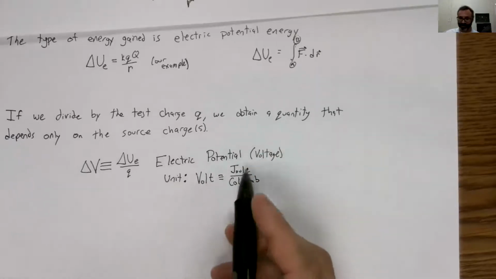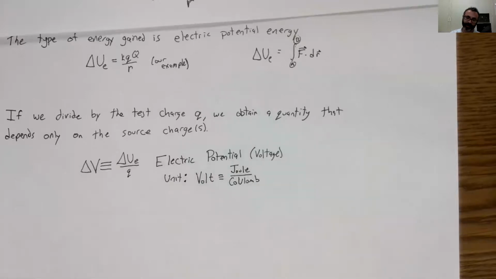So a volt is just a joule per coulomb. Or a Newton meter per coulomb. There's a few different ways you can write it, but this is the easiest way to see based on this equation. So it's how much potential energy a test charge has at a particular point.